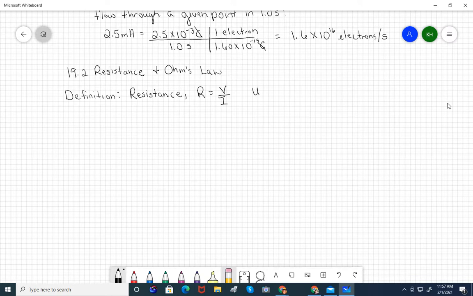Our unit for resistance is the ohm. So 1 ohm is simply 1 volt per amp. The symbol for an ohm is a capital omega. It looks a little bit like a horseshoe. 1 ohm.